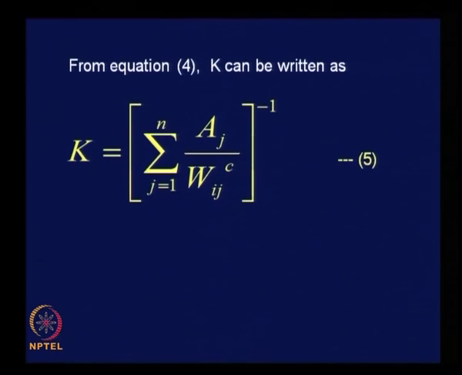That is what I have done. From equation 4, k equals sigma j equal to 1 to n Aj by Wij raised to power c, the whole thing raised to power minus 1. Let us call this equation 5.